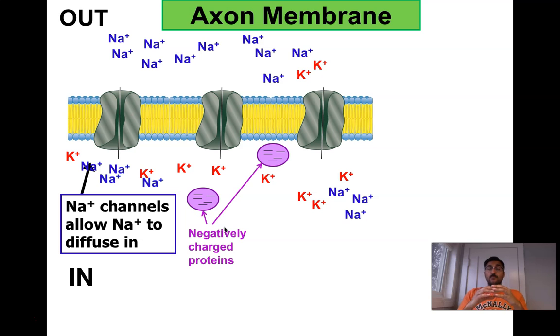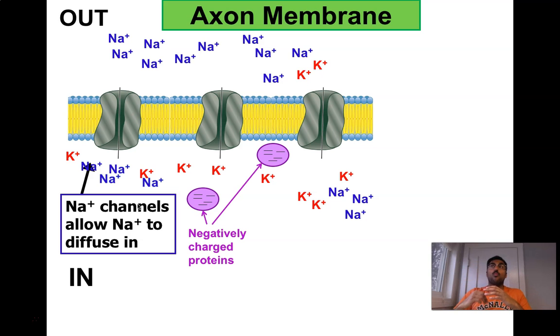If it was negative 70 millivolts at rest, then as the sodium rushes in during a signal being transmitted, you're going to have an increase in positivity of that membrane potential. So instead of being negative 70, it's now negative 65, and now it's negative 55, and now it's negative 40, and now it might be plus 10.